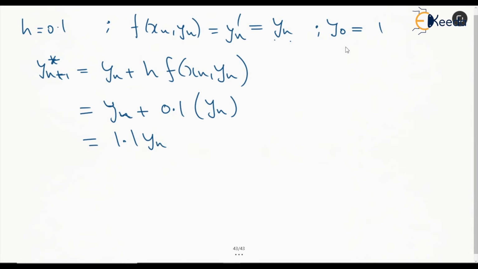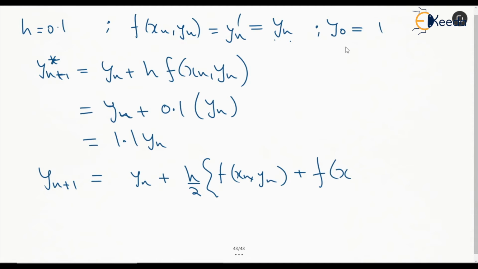And yn plus 1 is given as yn plus h by 2 times function at xn, yn plus function at xn plus 1 and yn plus 1 star.